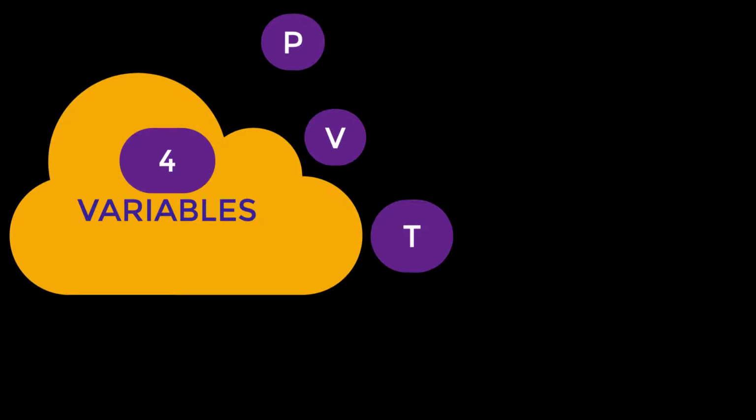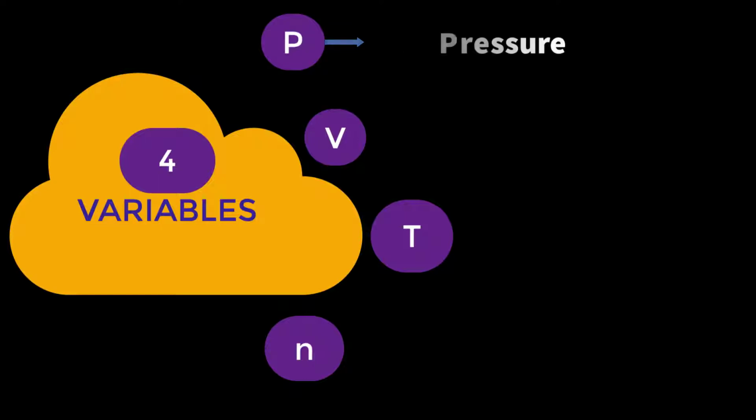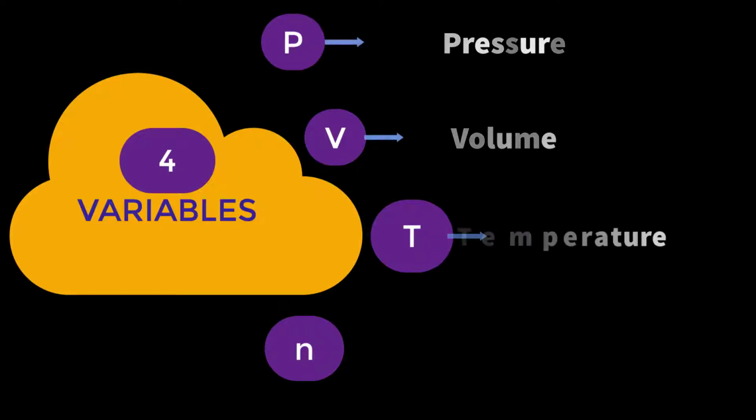There are four variables that are used in gas formulas: P, V, T and small n. P is for pressure, V is for volume, T is for temperature and small n is for mole number.